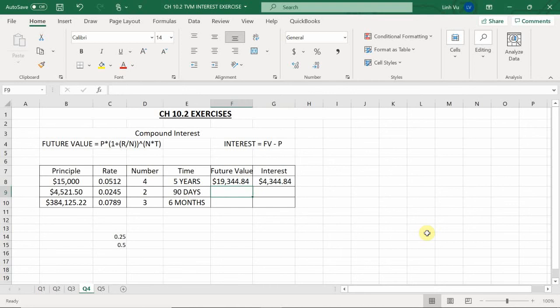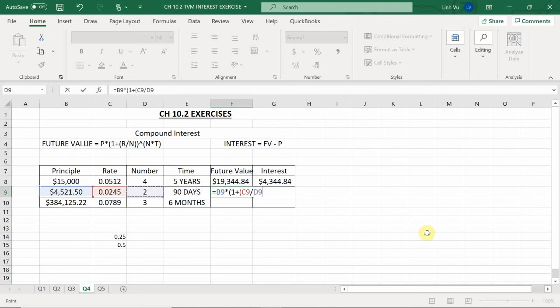So then let's do the second example here, but make sure that you change the time because, again, it's in terms of years. In this case, once again, I'm going to do my principal of 4,521.50, multiplied by parentheses 1 plus a parentheses, my rate of 0.0245 divided by the number of times.